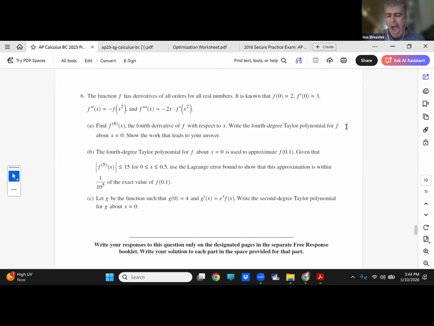Remember the general form. And technically, that's over 1 factorial and over 0 factorial.